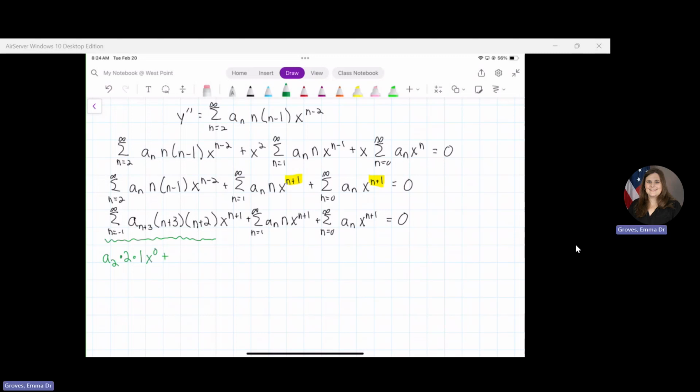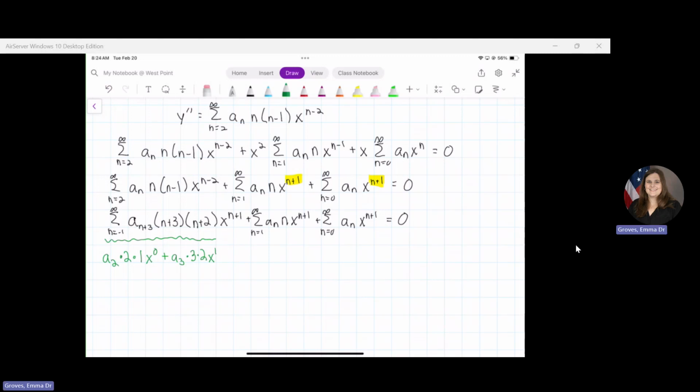So that's my -1 term. Plus, my 0 term, I get a_3 times 3 times 2 x to the 1. So I just wrote out those first two terms.